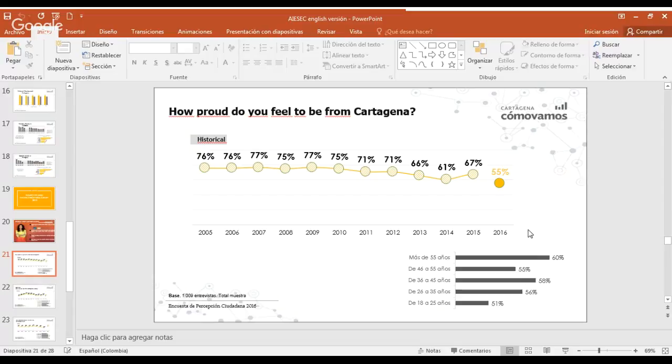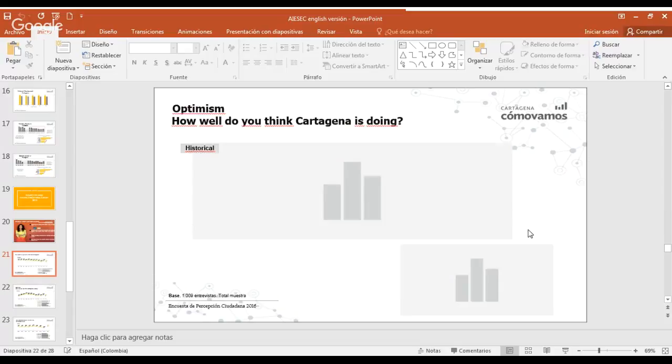Also, when we see how people answered according to age, we can see that people between 18 and 25 are the people who feel least proud of the city.